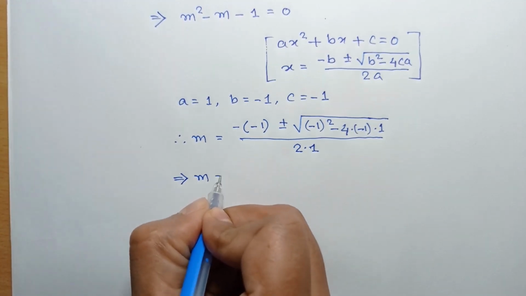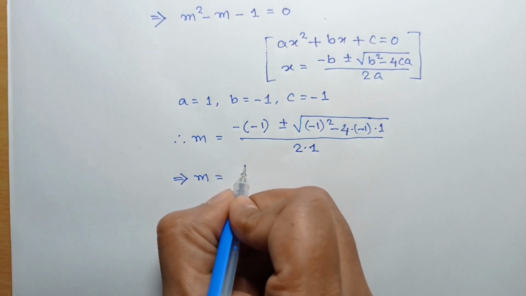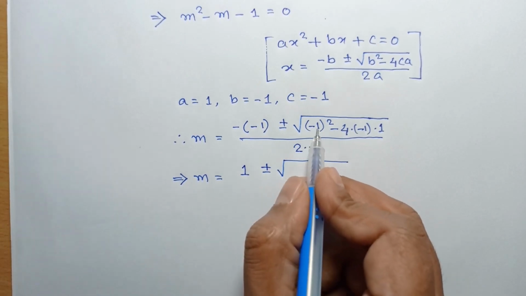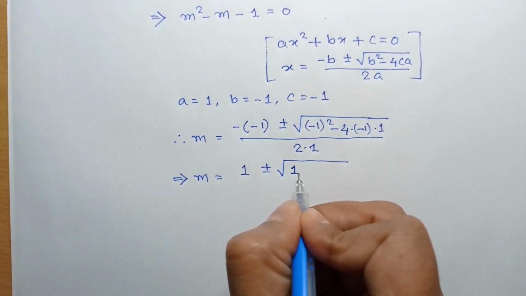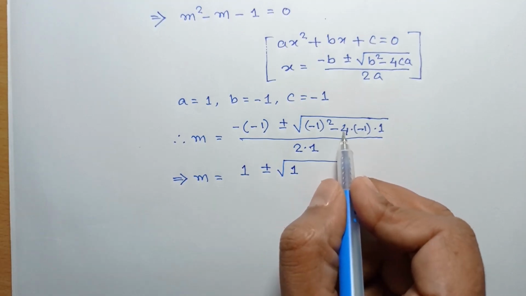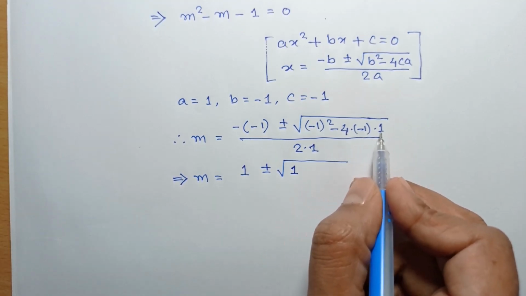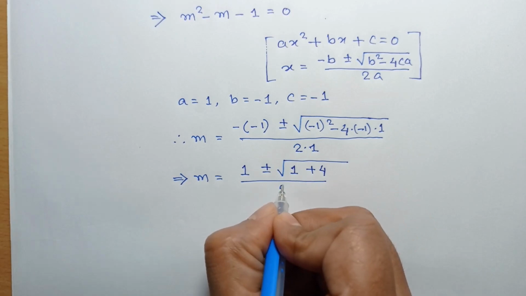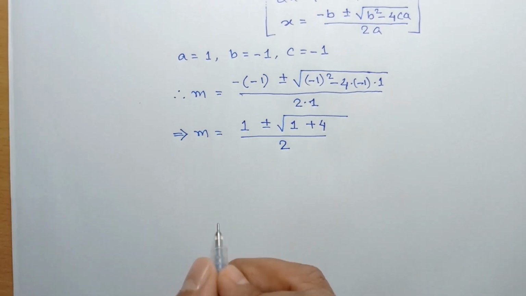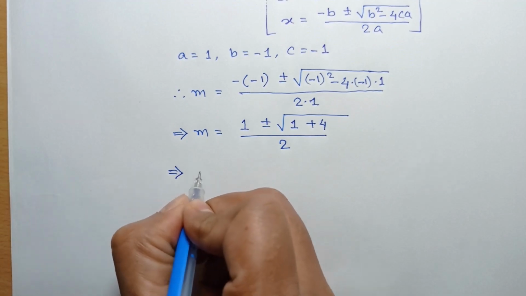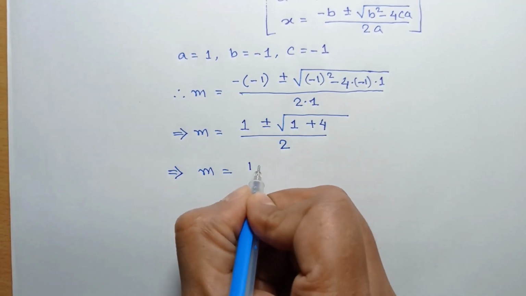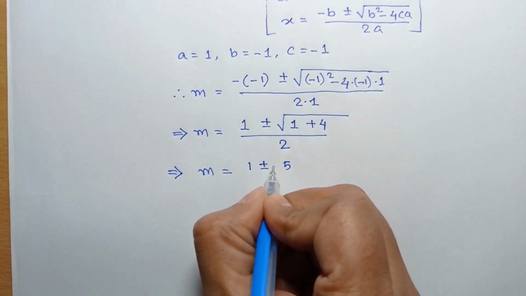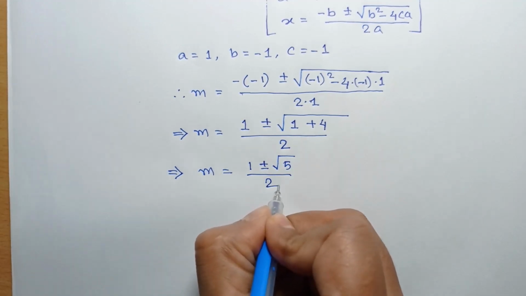Or m is equal to positive 1 plus or minus square root of 1, negative 4 times negative 1 is positive 4, over 2 times 1 is 2. Or m is equal to 1 plus or minus square root of 1 plus 4, which is 5, over 2.